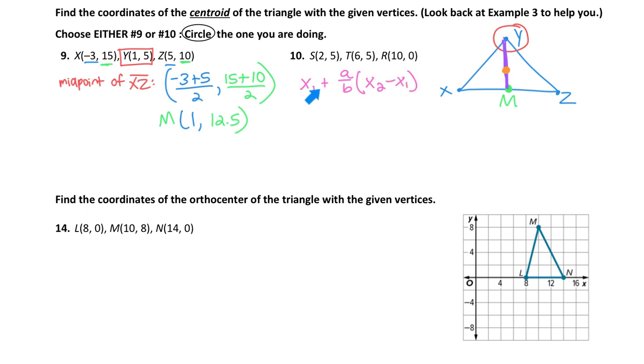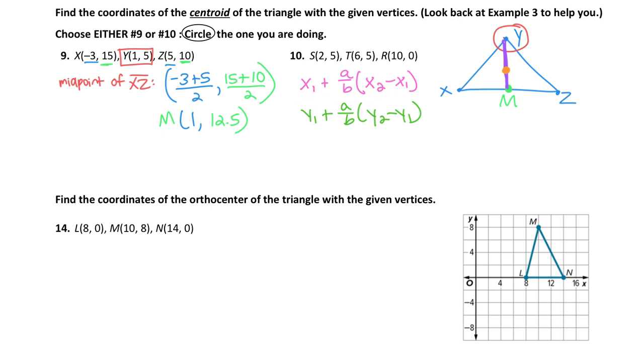So that'll deal with the x values, and it's the same exact thing for the y's, except you have y's. And then for our a over b, it's going to be 2/3 always when we're doing the centroid. So plug in your pieces. So you've got 1, 5 here and 1, 12.5. Hey, well that's nice. Look, 1 and 1, that's going to be an easy one to deal with.